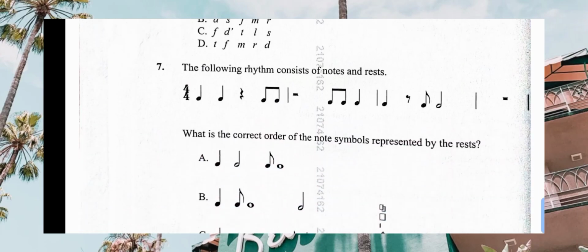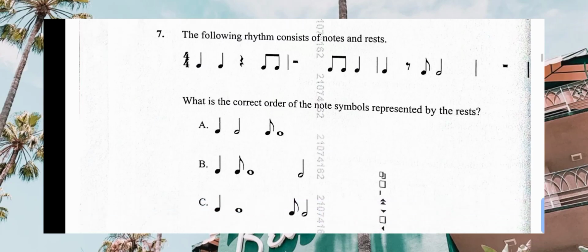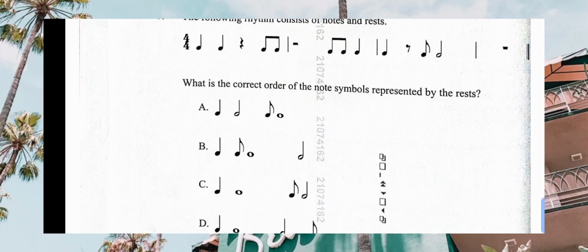Then the following rhythm consists of notes and rests. What is the correct order of the symbols represented by the rests? The first rest is a rest of a crochet.